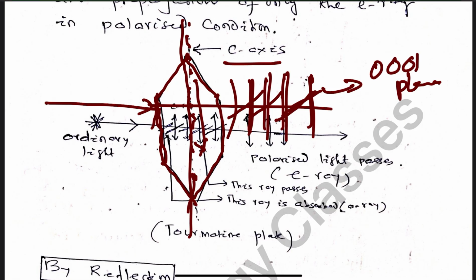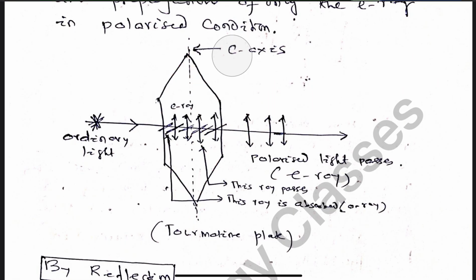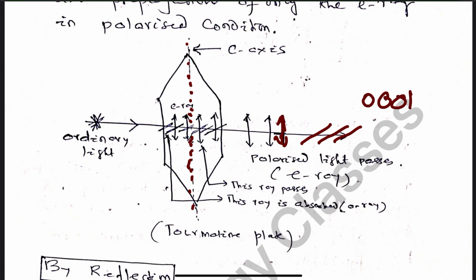So in case of this tourmaline, we see that the vibration parallel to c-axis passes through, and the vibration which is parallel to the basal plane 0001 is absorbed.